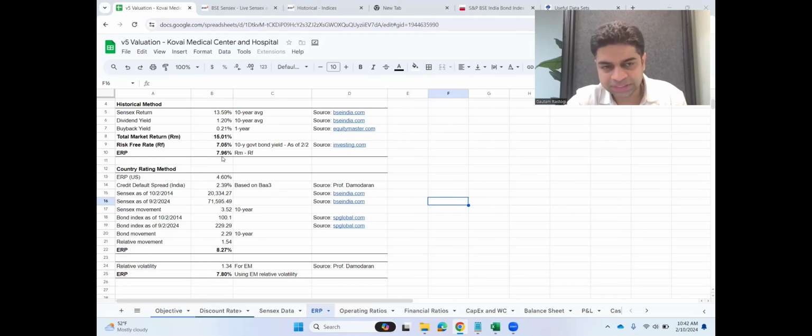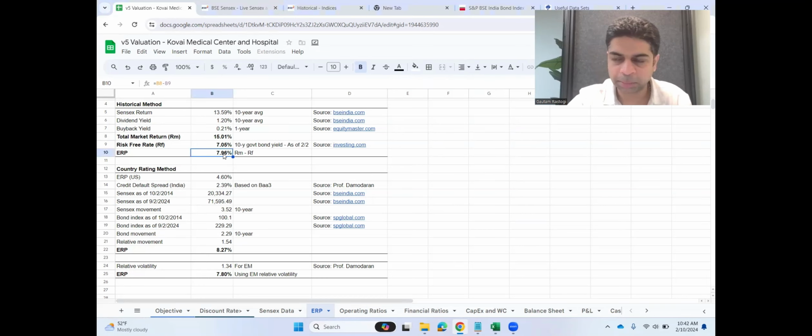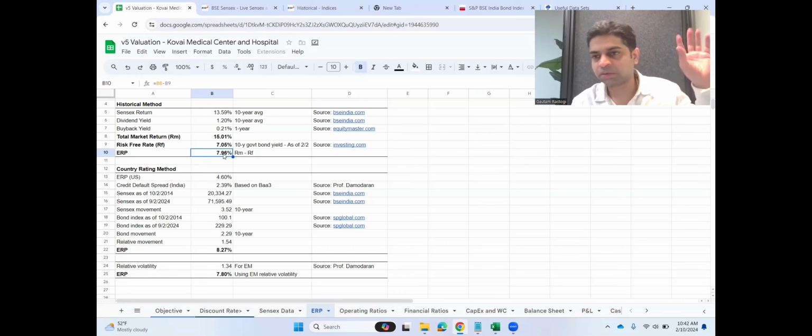I would use this historical method equity risk premium simply because it's used by 90% of the institutions. It doesn't make it the most robust method, but it's used by 90% of the institutions out there. In using this, the trade-off I'm making is that this is not forward-looking, it's historical.